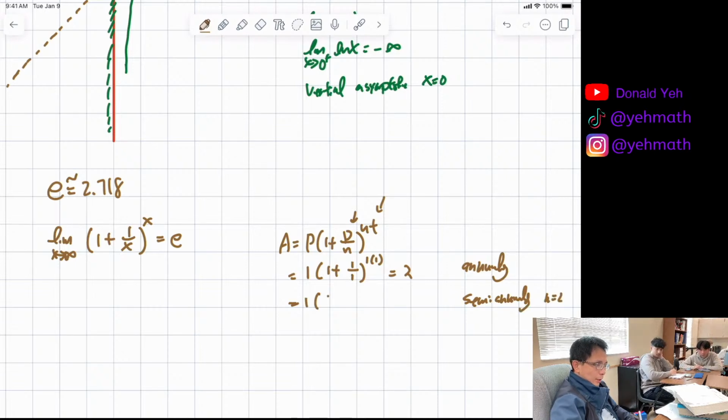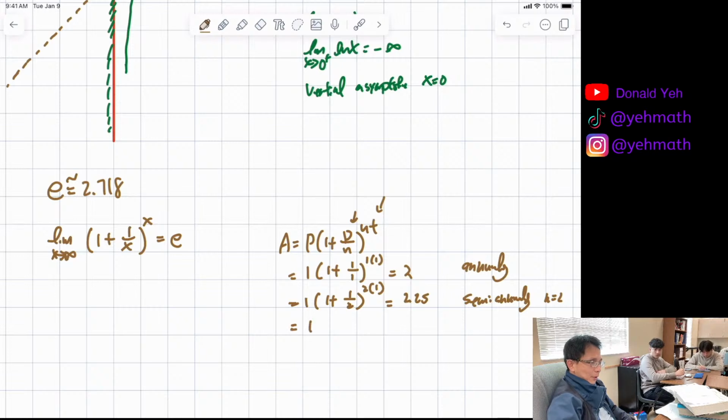So it would be 1 times (1 plus 1 over 2) to the 2 times 1. So what does that be? You can use a calculator. 9 over 4 is right, 2.25. That's if I compound twice.